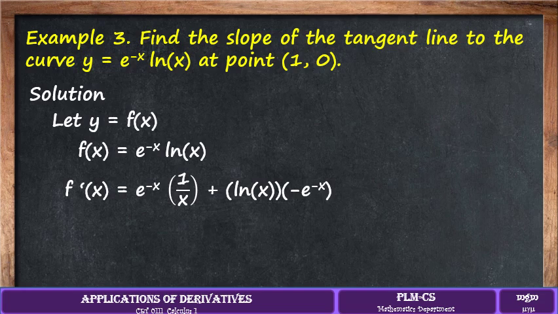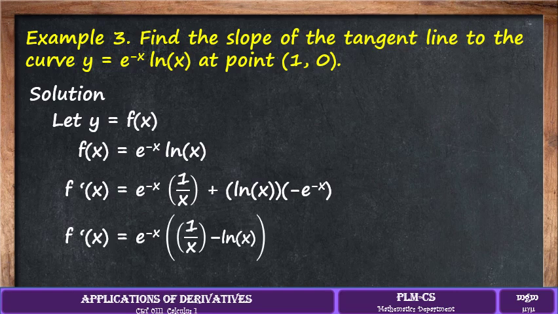In simplifying the given expression, we may factor out the common monomial factor, which is e raised to negative x. Thus, we have f prime of x equals e raised to negative x times the quantity 1 over x minus ln x.